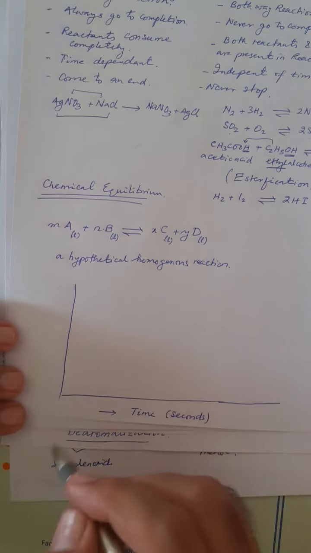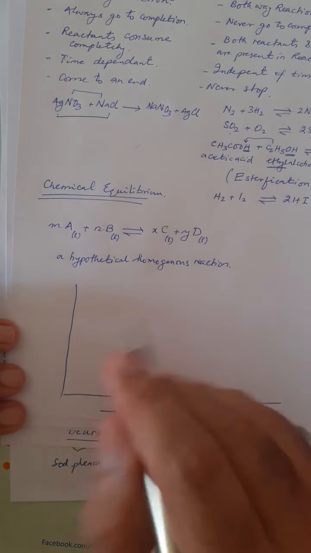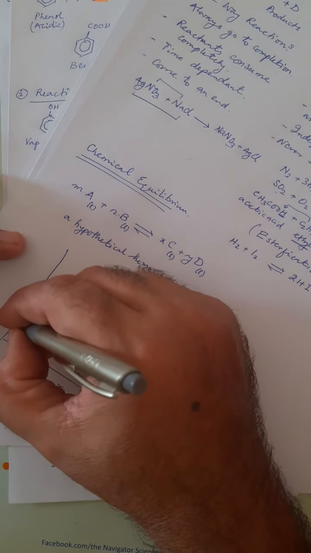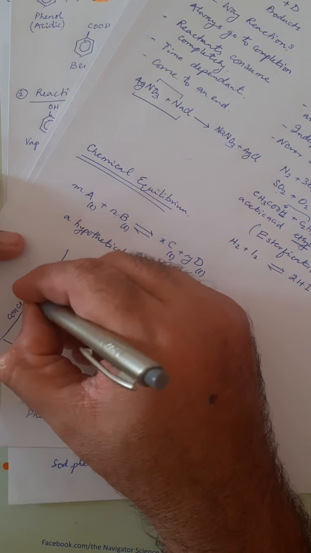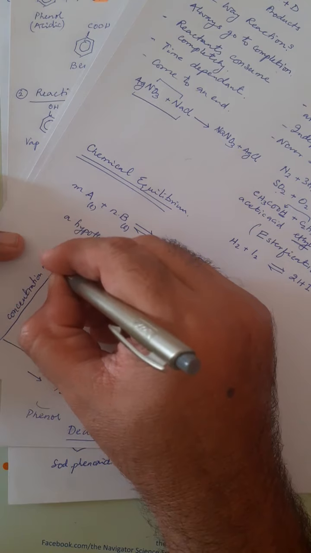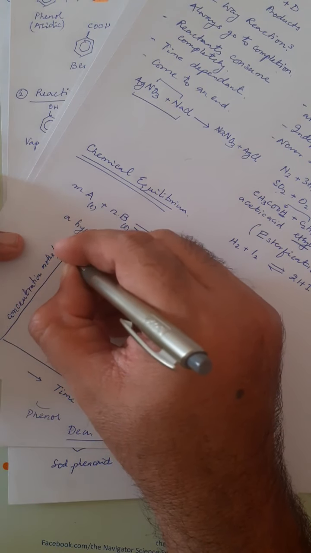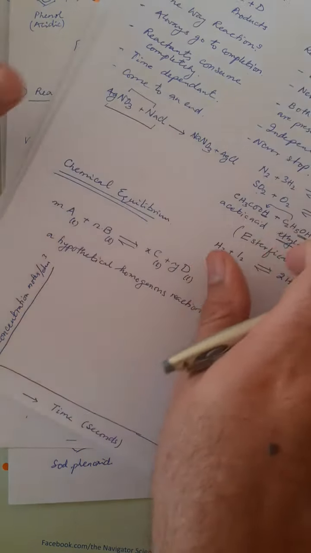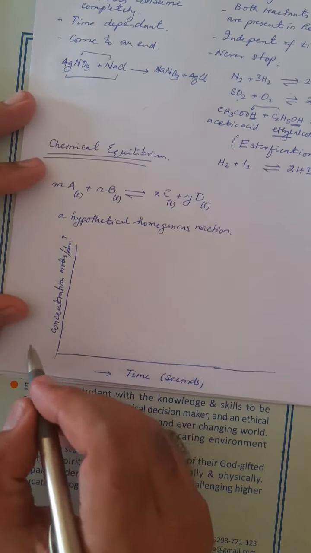So time in seconds. Let's say the y-axis shows the concentration, which means quantity. Mostly it's given in moles per dm cube. All right, so let us suppose we are here.